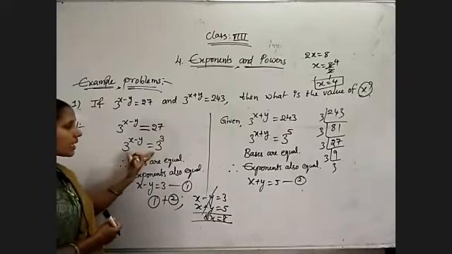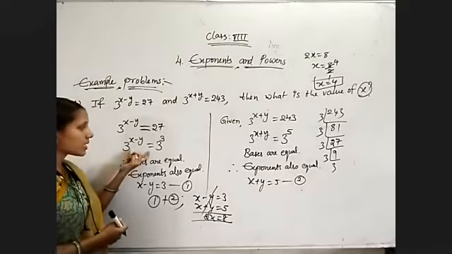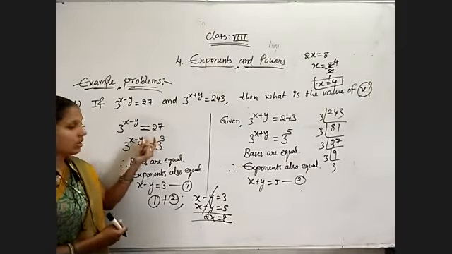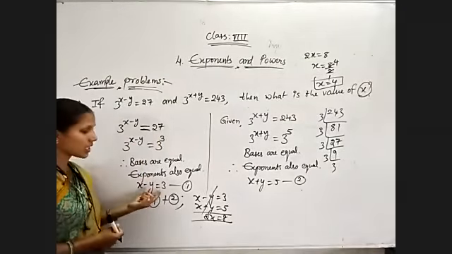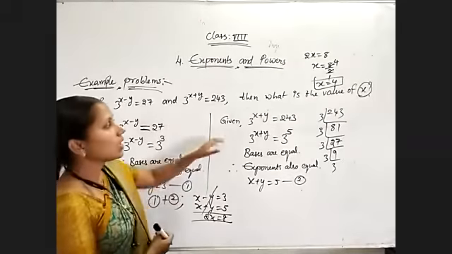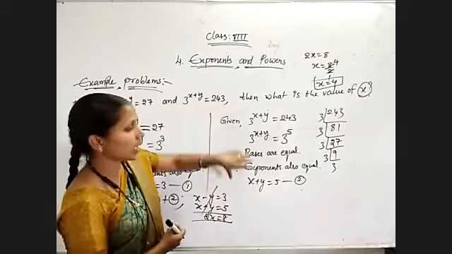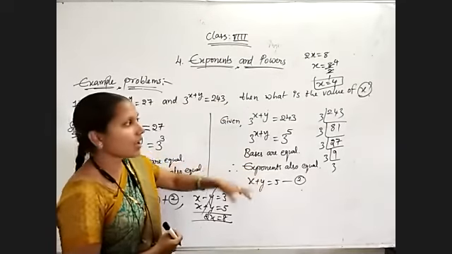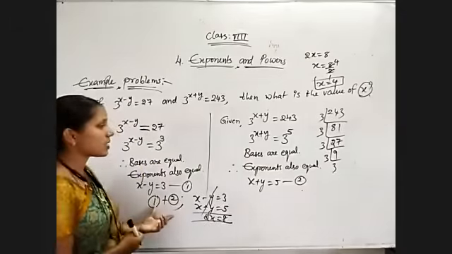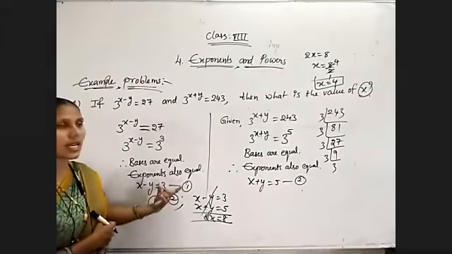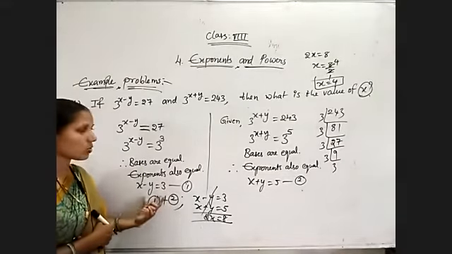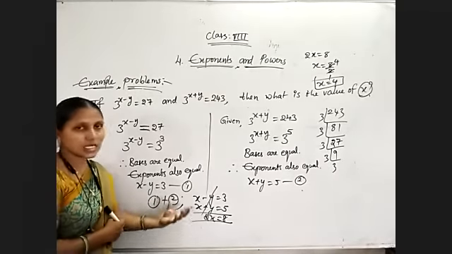Then I am getting the bases are equal. So when bases are equal, exponents also equal. So from that I got the equation x minus y equal to 3. Next, by using the second condition, I got x plus y is equal to 5. I want the x value. For that sake, I am solving equations 1 and 2. Because two variables are there, I am using this method.